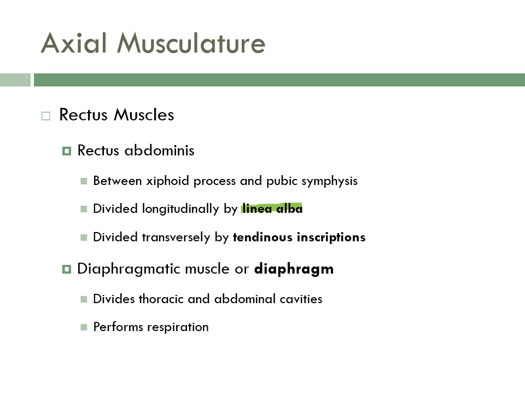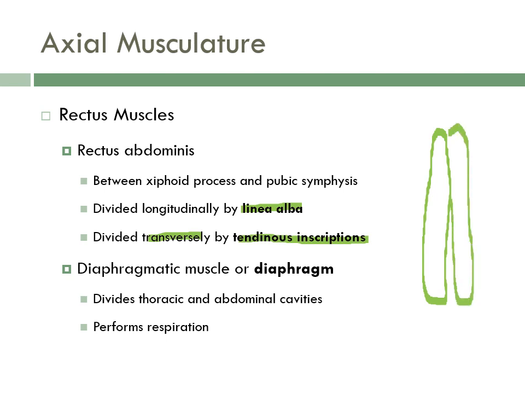And then transversely, it's divided by what are called tendinous inscriptions. So the muscle looks like this. That's our two muscles. So the linea alba would be straight down the center here. And then our tendinous inscriptions go across like that.